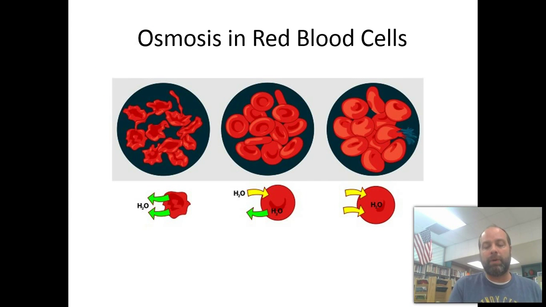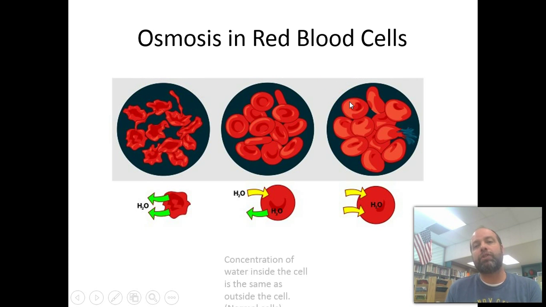So, osmosis in your body. Your body is constantly fighting to maintain homeostasis. Remember, homeostasis is your body trying to stay the same. So in your plasma, you don't want too little water. If you have too little water, the water will leak out of your red blood cells and go into the plasma, and your red blood cells will shrink.